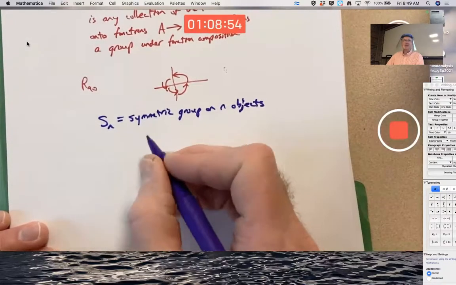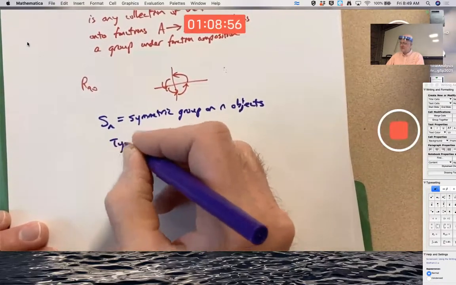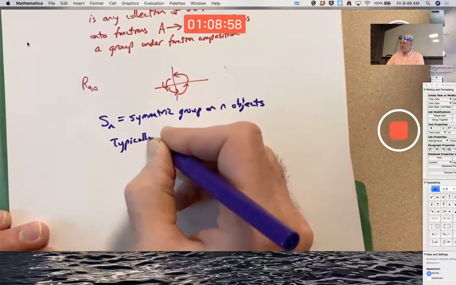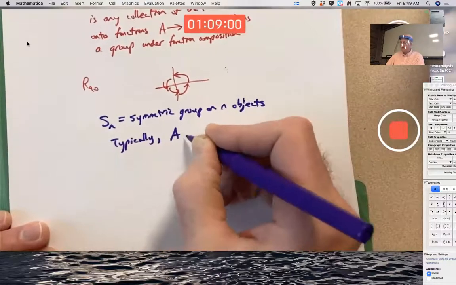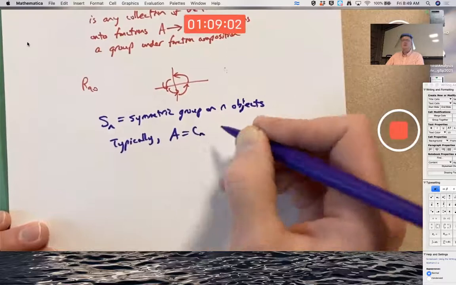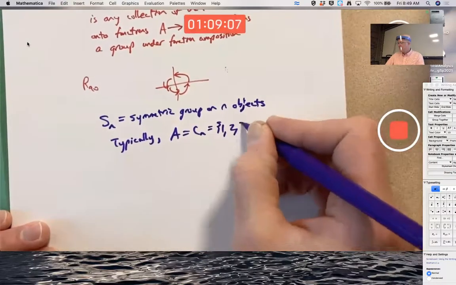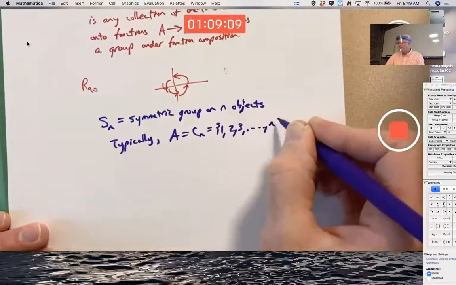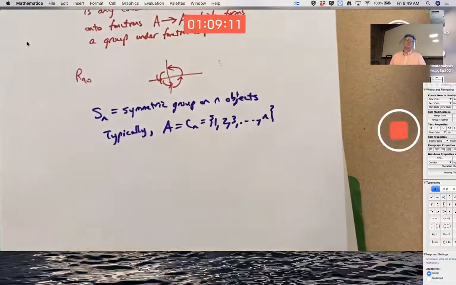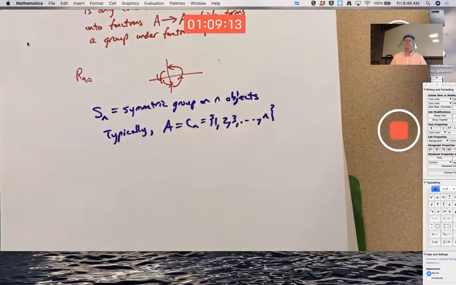But typically, we think of A as being what I've called Cn before, though that notation Cn is not standard. We typically take it to be the first n positive integers. But just realize, as I've emphasized, you're not multiplying or adding those numbers. You're just thinking of them as objects that are being permuted, reordered, you might say.